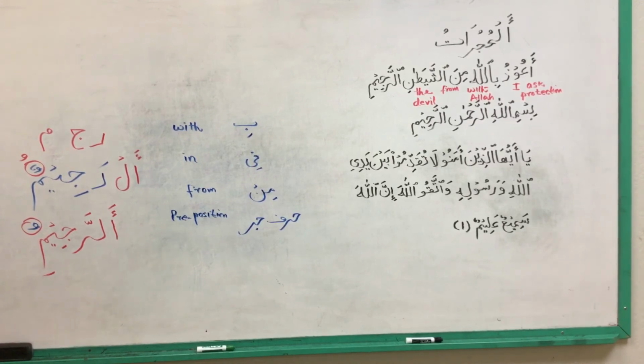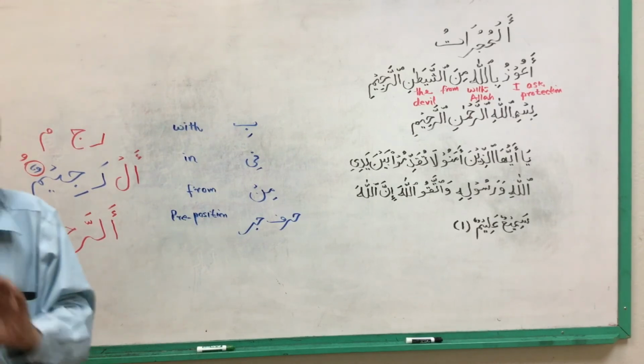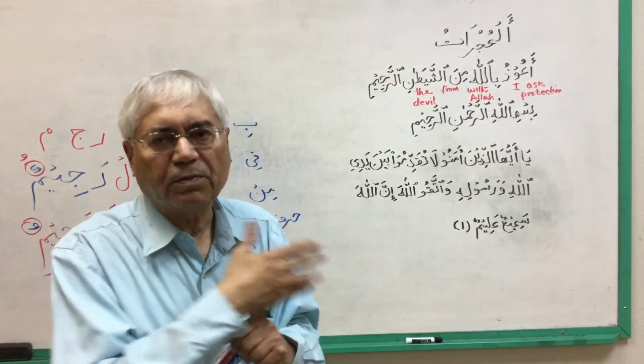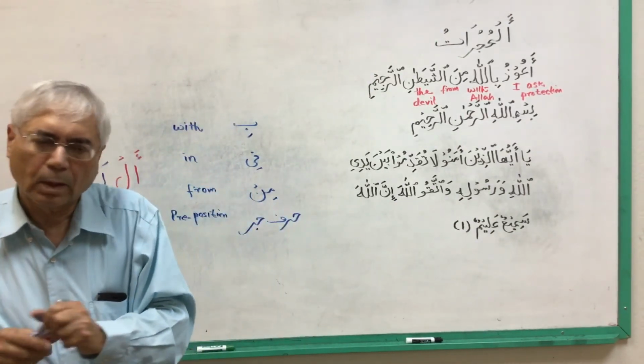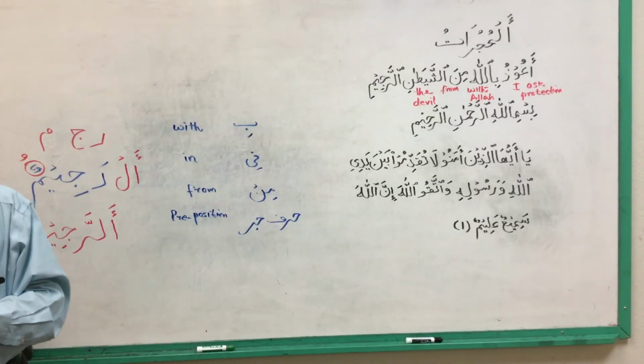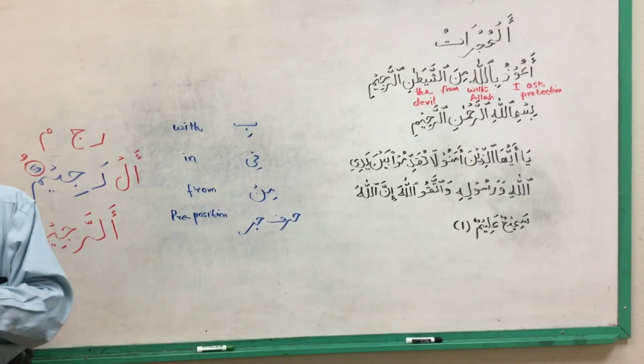If it was by itself, it will remain rajimu. If the word was not coming in a sentence, then this word is ar-rajimu. But as I said, the one word has effect on the other word. So it became ar-rajimi.